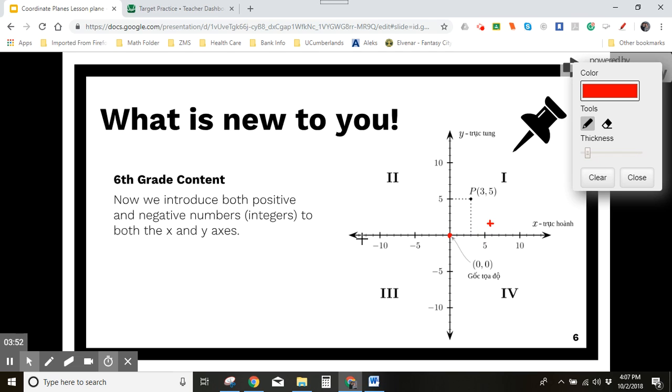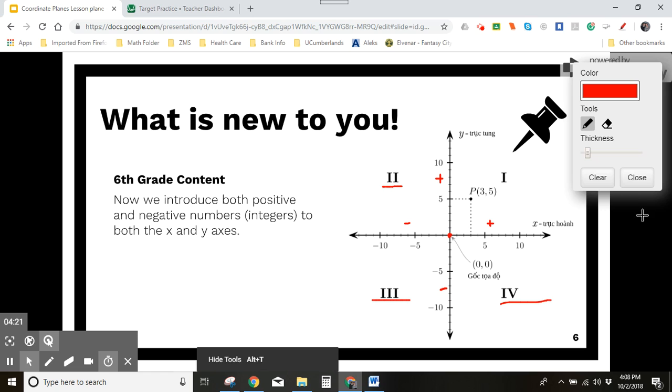All numbers to the left of 0 are negative. Now, if we took the x-axis away and just looked at a vertical number line that we've already discussed, we would see that all numbers above 0 are positive, and all numbers below 0 are negative. So that's the only thing we introduce: quadrants 2, 3, and 4. So let's talk about how to plot these.